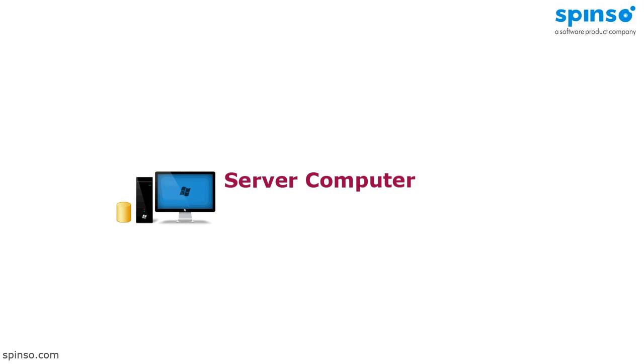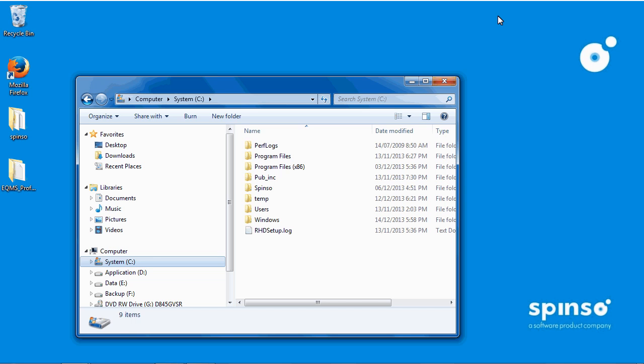Sharing the server folder. You need to share the server folder where the EQMS server component is installed. By sharing this folder, other computers on the LAN can access the data. By default, EQMS is installed in the C drive and spinso folder. Let's share the spinso folder.